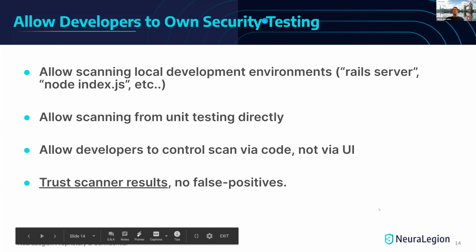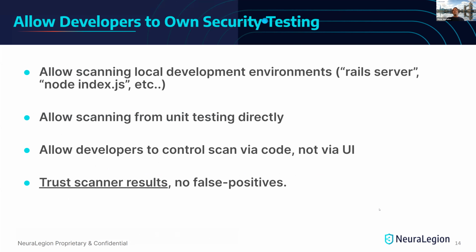And as I mentioned before, it's all about allowing developers to own security testing, leveraging your mock files to do that from your unit testing directly, not to use a UI, but to be able to control the scans via code, via configuration files like the ones that Zan has shown us, and I'll also demonstrate those configuration YAML files in the demo that I'll get onto shortly.